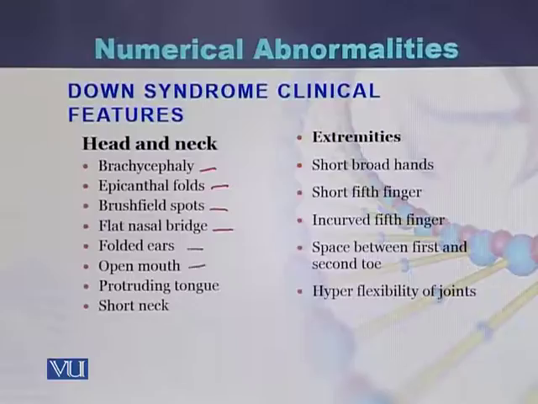These are the clinical features present in head and neck. On the other hand, these children have short and broad hands, short fifth finger, incurved fifth finger, and space between the first and second toe. So these are the complete clinical features present in children that have Down syndrome.